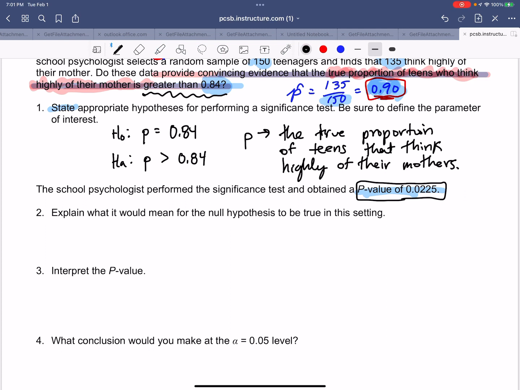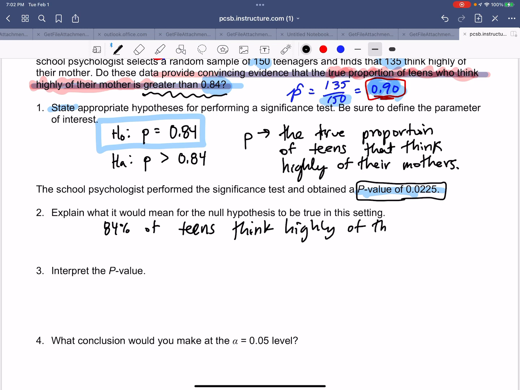So we're going to explain what it would mean for the null hypothesis to be true. If the null hypothesis is true, so we're saying if this is true, what does that mean? It means 84% of teens think highly of their mothers.